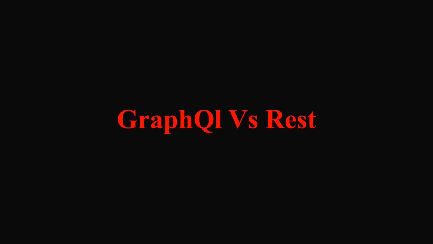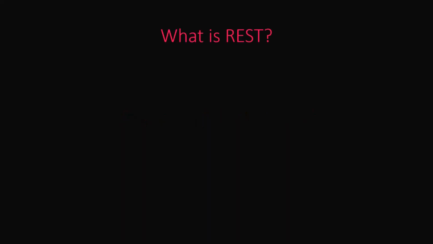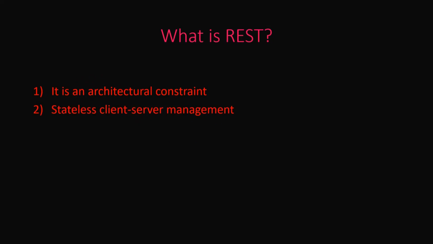Before we dive deep into that, let us first understand what REST is. REST is basically an architectural constraint. It's a constraint and not a protocol. Any API that adheres to those constraints is known as a REST API. Second, the REST API is stateless.